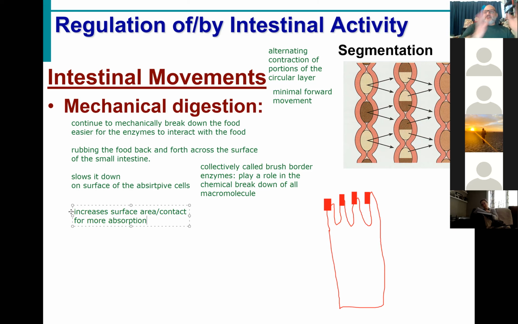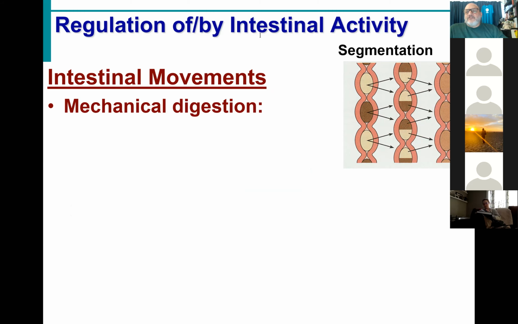So the segmentation doesn't get food from point A to point B, but by mashing it back and forth, we continue to break it down. We continue to mix it with enzymes, rub it against the surface of the cells to help to both mechanically break down, chemically break down, and also to assist in absorption as well.